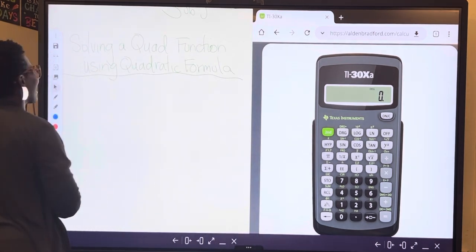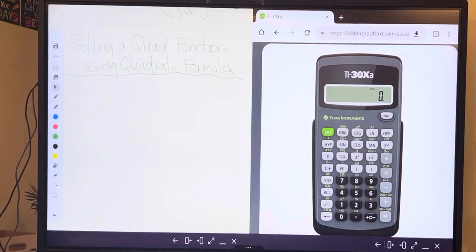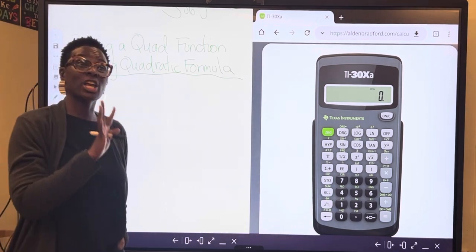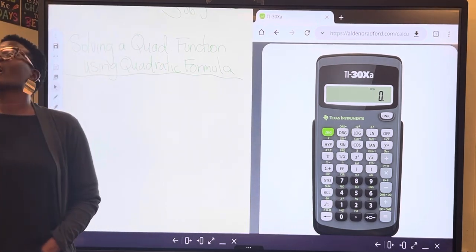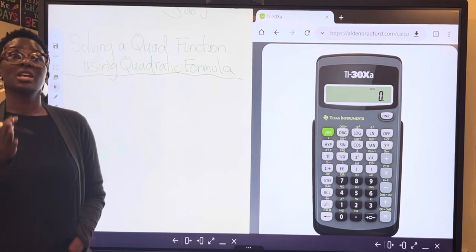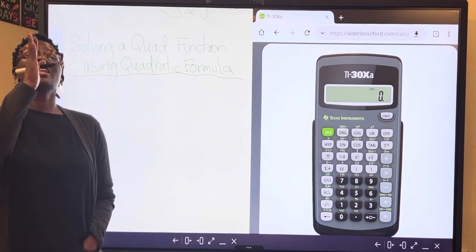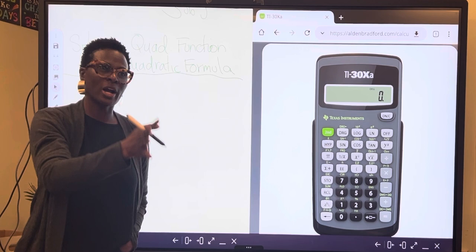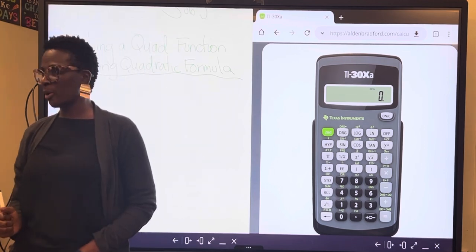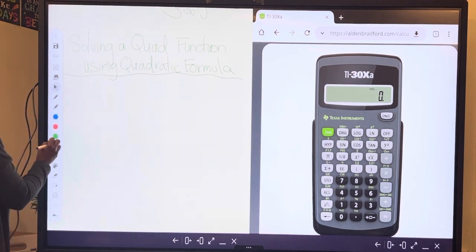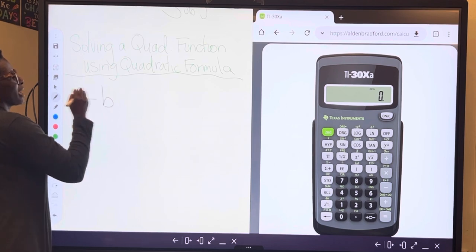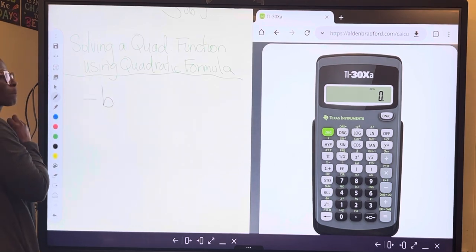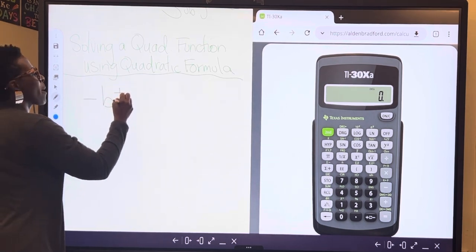All right, what is the quadratic formula? It is a method that I can use to find the solutions, the x-intercepts, the zeros, the roots of a quadratic function. Is everybody with me? The formula is negative b plus or minus.